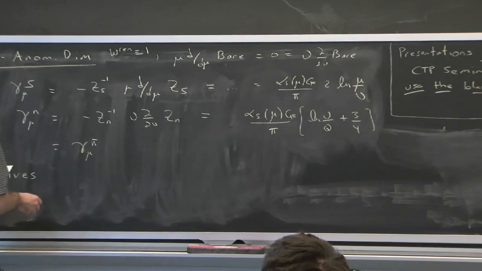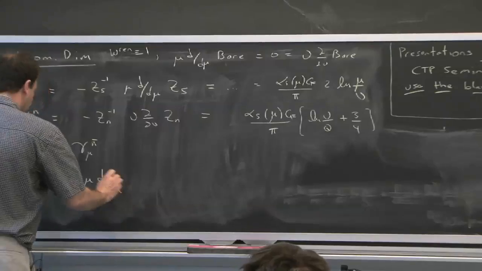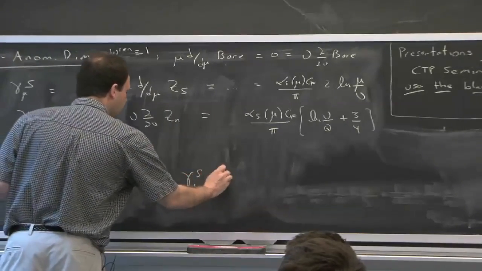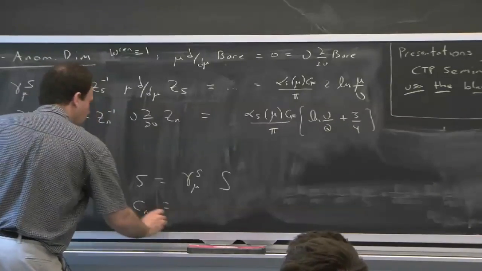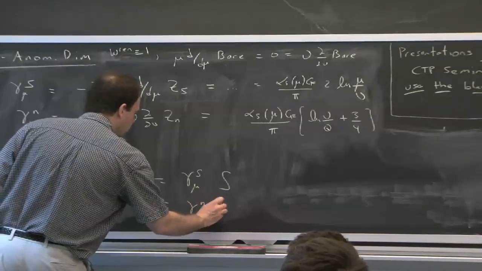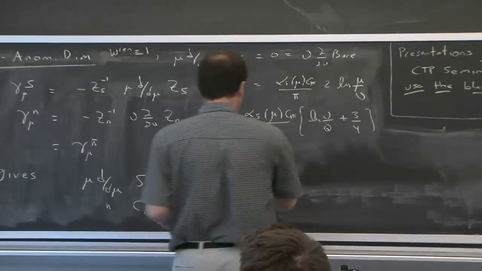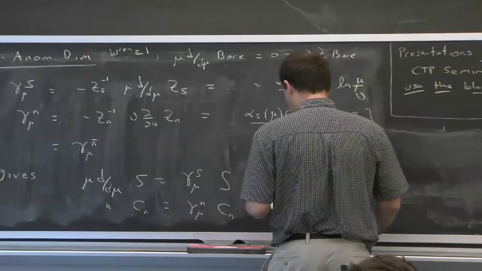If you solve the anomalous dimension equations, with my sign convention, they give you the kernels, US and UN.